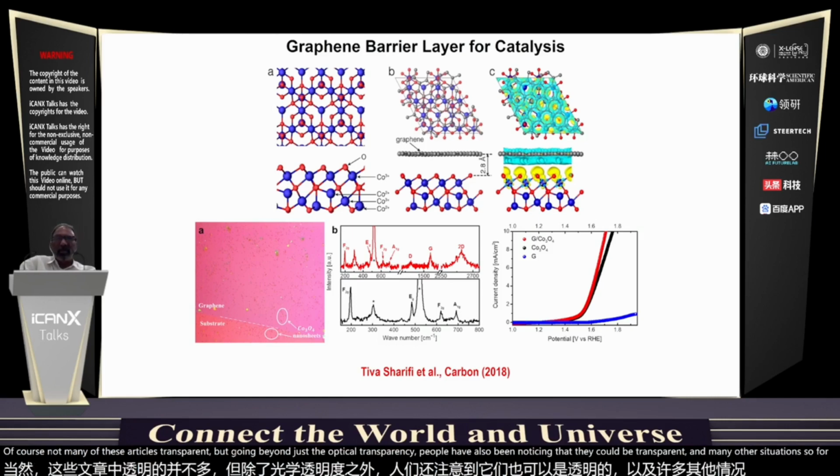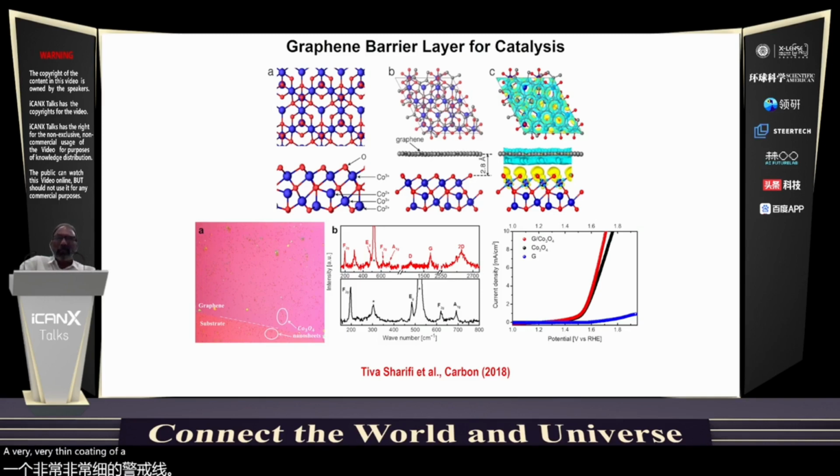So, for example, we did a lot of work on looking at a very, very thin coating of a monolayer of these materials like graphene, and see how they impact as an interface layer in the physical properties of the substrate. So it was shown that the wetting property of a substrate will not be affected if you put a thin layer of graphene on top of the substrate.